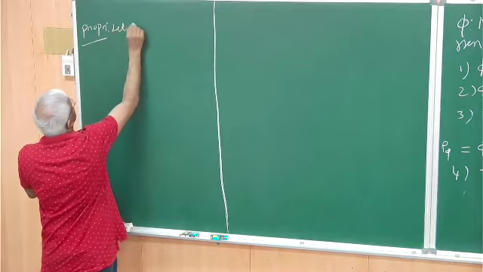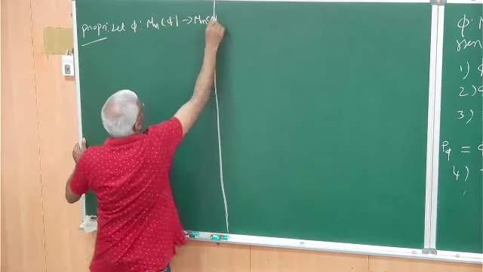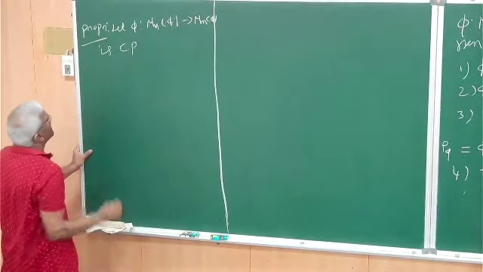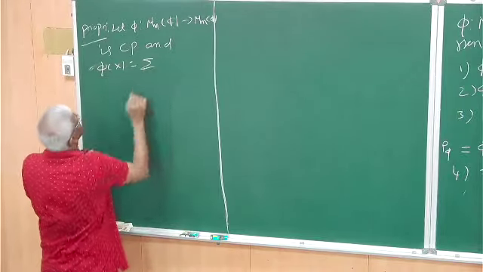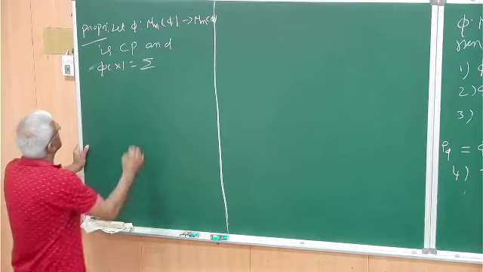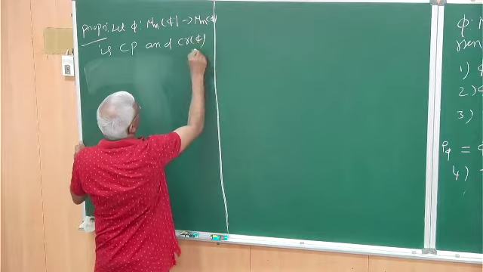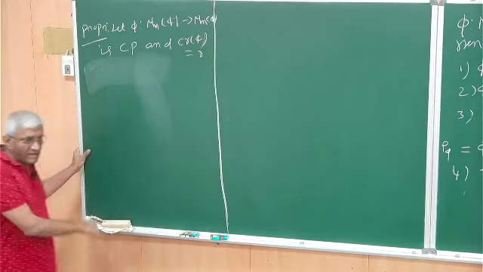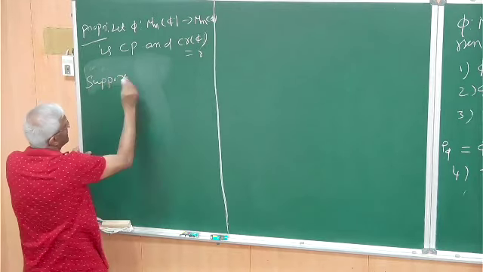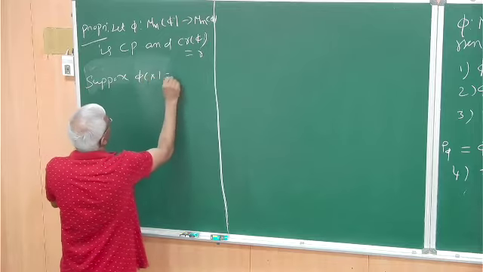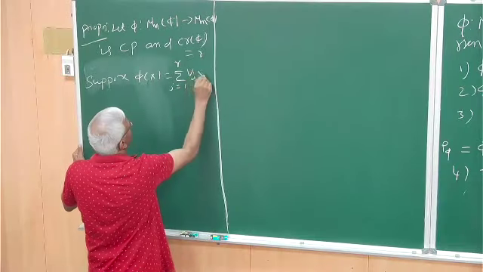Let P from Mn C to Mm C be a CP map, and the Choi rank of P is equal to R. Suppose P of x equals the summation j equal to 1 to R of Vj x Vj star.